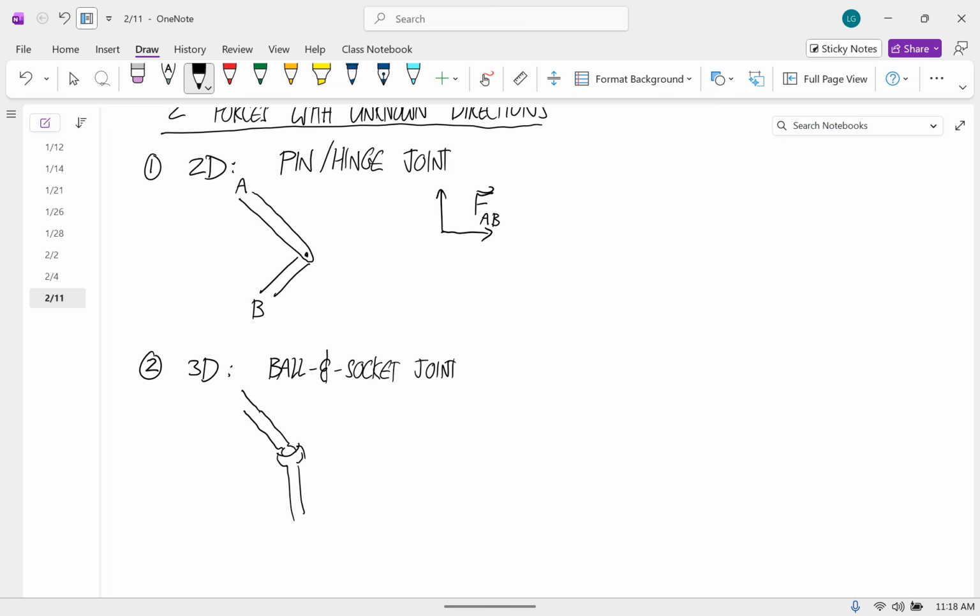There's the other body, so it can rotate around freely inside that socket. And we would represent this as the force on A by B with three axes represented.